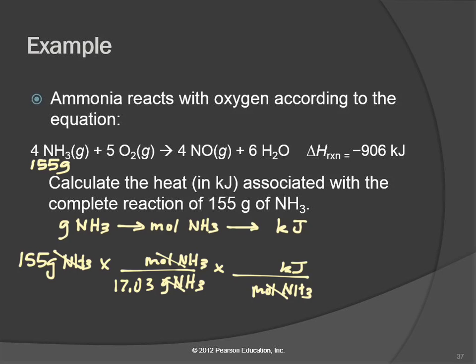It's just 17.03. 1 mole of ammonia, 17.03 grams. The kilojoules to moles of ammonia comes from the balanced chemical equation. Look, in front of ammonia it says 4. So 4 moles of ammonia. Kilojoules is the delta H that's given. It's probably less confusing if you leave the sign in there.